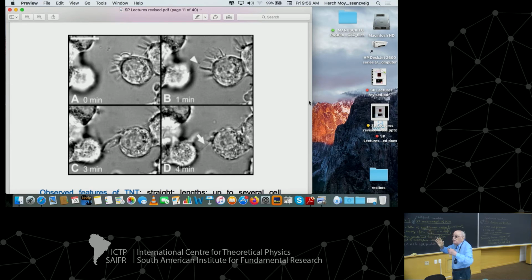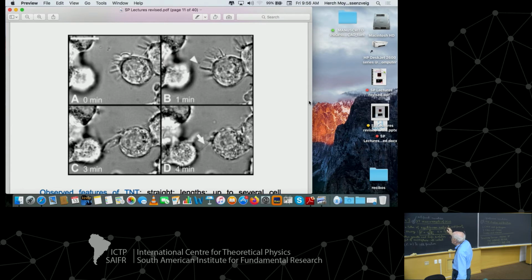They're trying to find the other cell, and here the time is shown. After 3 minutes, this filopodium-like extension gets in touch with the other cell, and as soon as that happens, you form the TNT.